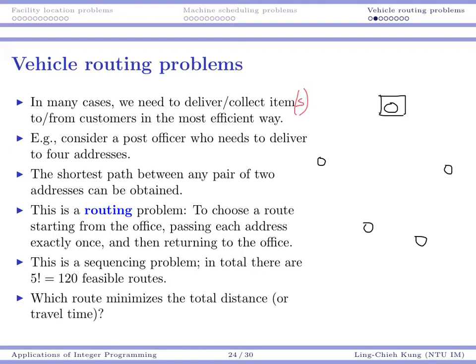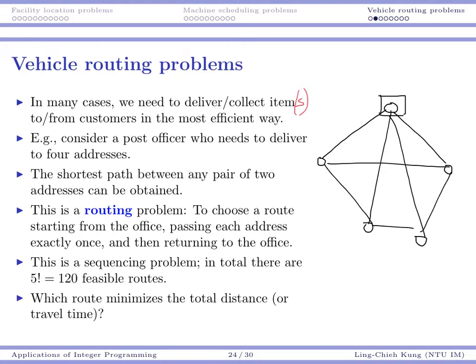It's just one single LP, you get it. So that's not a big deal. You can have a shortest path there, and that makes it simple. Let's just put a line there. You can have the shortest path between any pair of nodes or addresses.